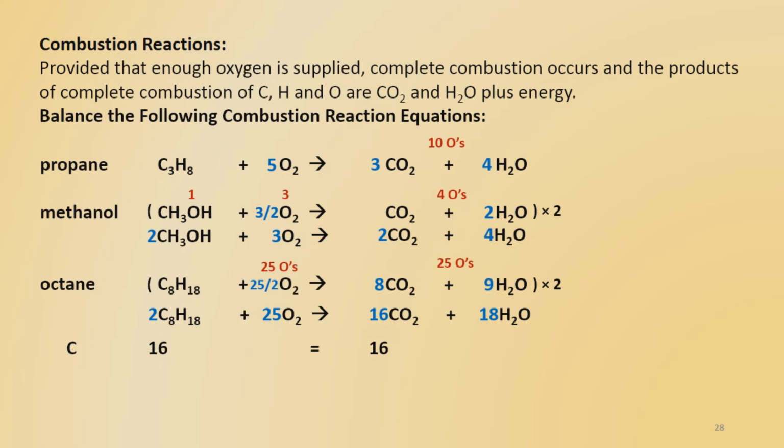For hydrogen, I see 2 times 18 or 36 hydrogens on the left, and I see 18 times 2 or 36 hydrogens on the right. Now for oxygen, I have 25 O2, and that's 50 oxygens on the left. On the right hand side I have 16 CO2 gives me 32 oxygens, and then 18 waters gives me another 18 oxygens for a total of 50 oxygens, and so we are in fact balanced.